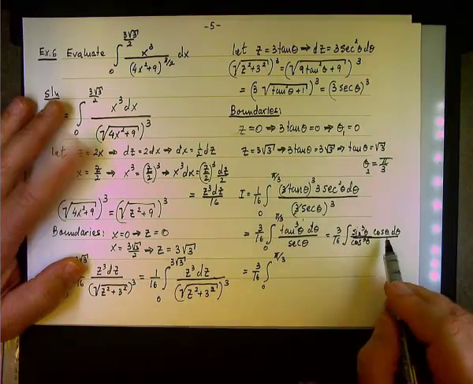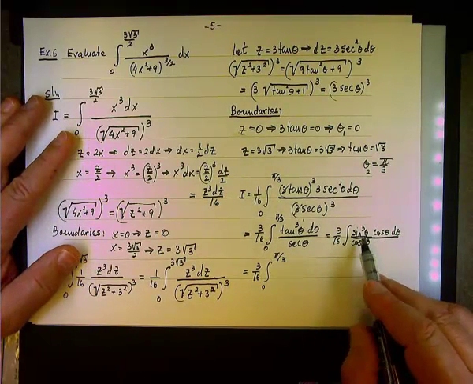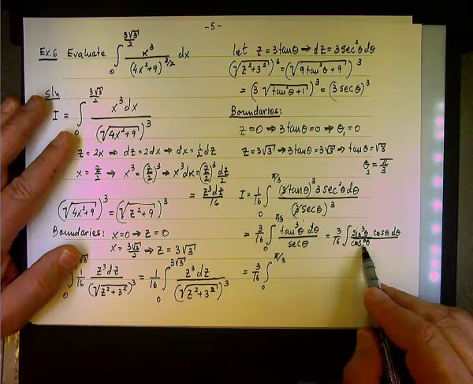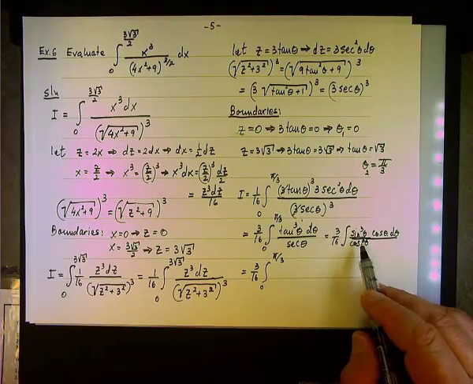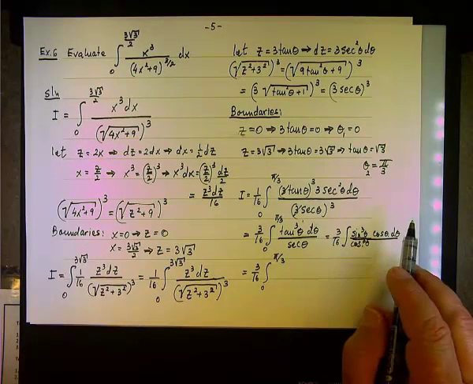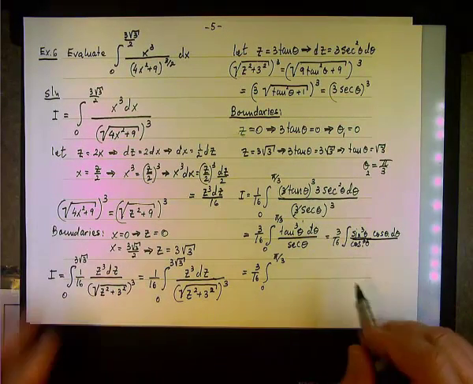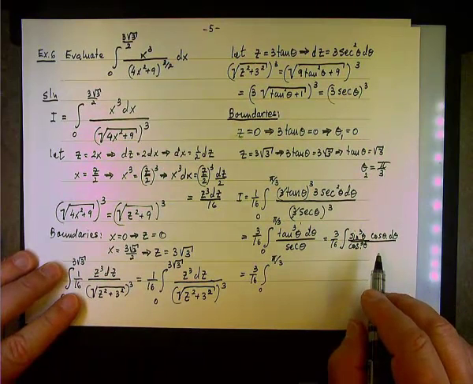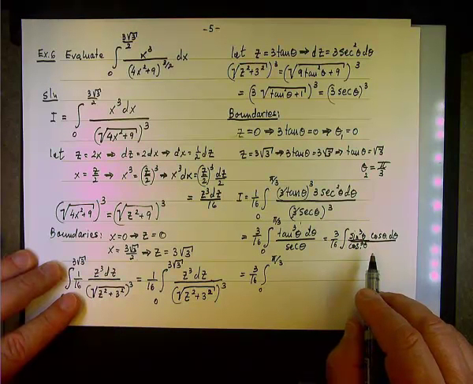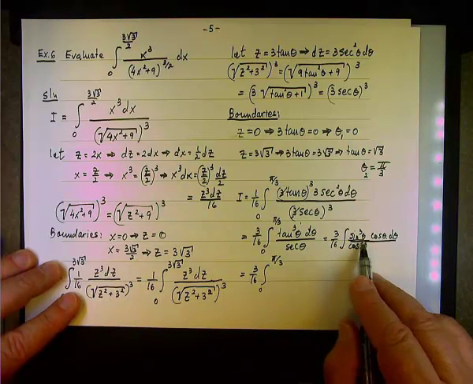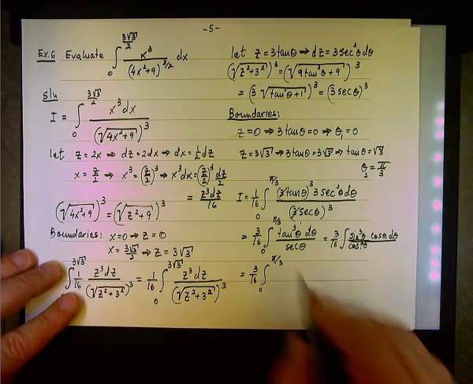So let's see where we're going with this. We end up having sine cubed divided by the cosine squared.